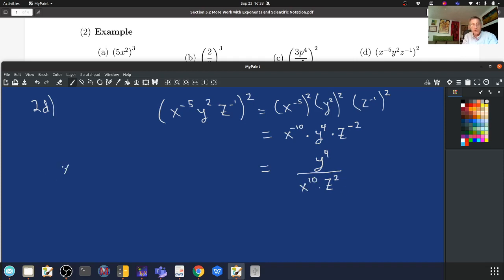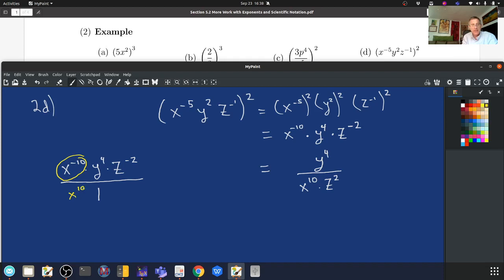So just so you understand, x to the minus 10th times y to the 4th times z to the minus 2. It doesn't have a written division line, but I can always add 1 by saying it's divided by 1. And now, of course, when I move a factor down below the division line, it's replaced by a factor of 1.